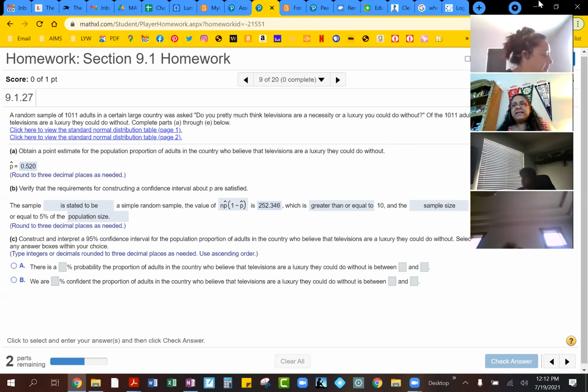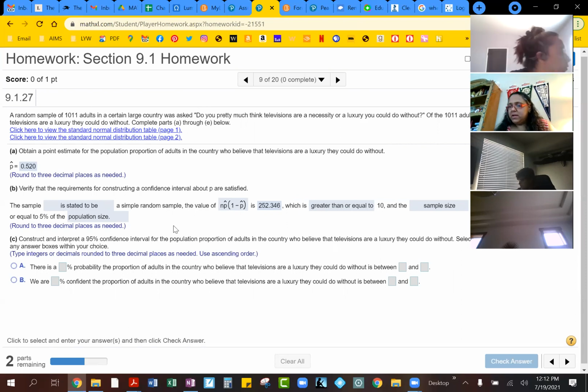What we are saying is that as researchers, as statisticians, we are confident that this is going to be true, or this is not going to be true. So in this case, they are saying construct and interpret a 95% confidence interval for the population proportion of adults who believe that televisions are a luxury they could do without. So we have to show that, based on these results, as researchers, we have that confidence level that what these people are saying is true.